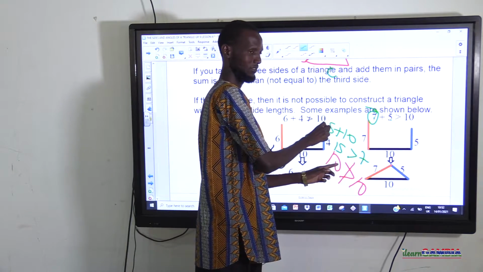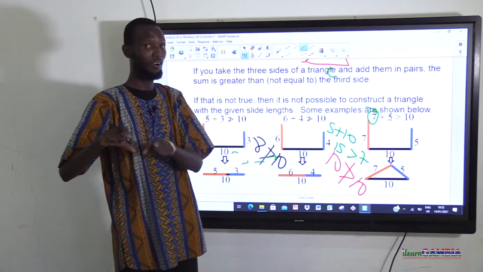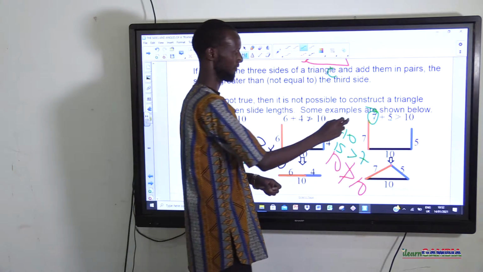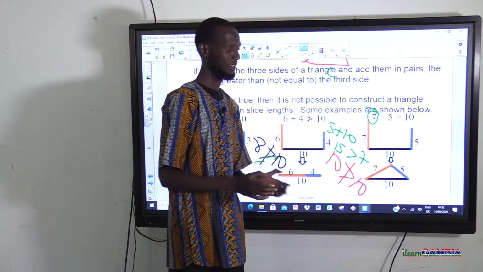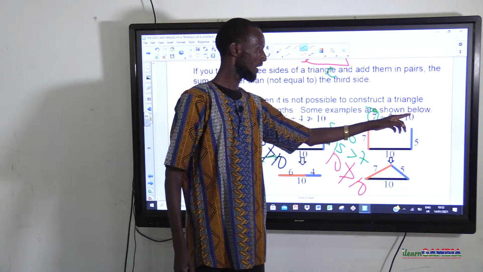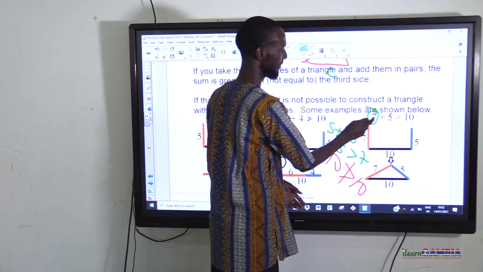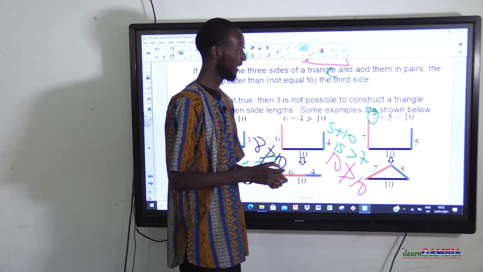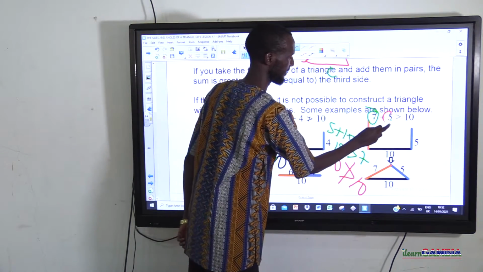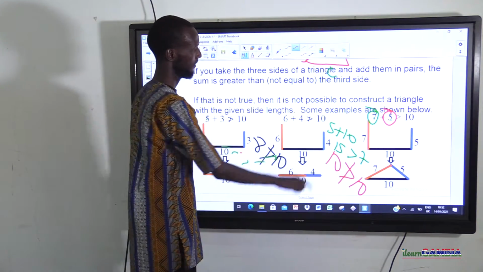So the two we have tried have worked, but then all three should work. We have used the 5 and the 7, it's okay. Now we have used the 5 and the 10, it works. There's still one more pair left. We need to add the 7 to the 10 and see if we get an answer which is greater than the third side, in that case 5. So let's see.